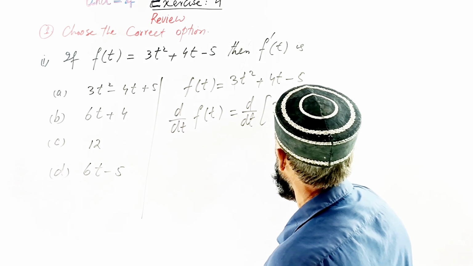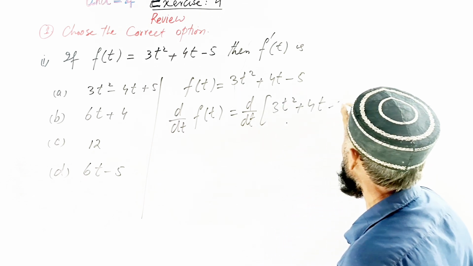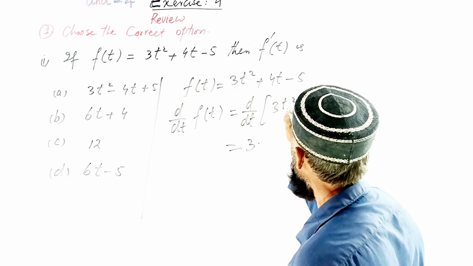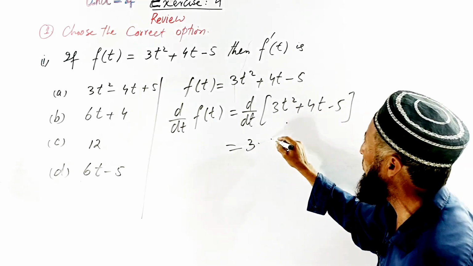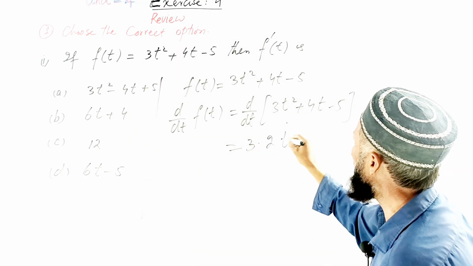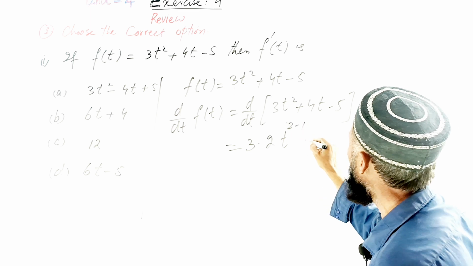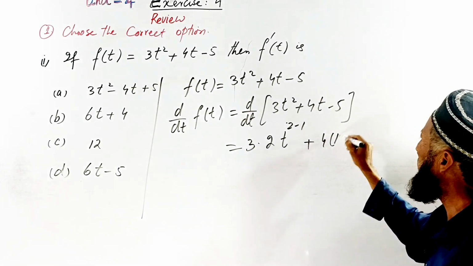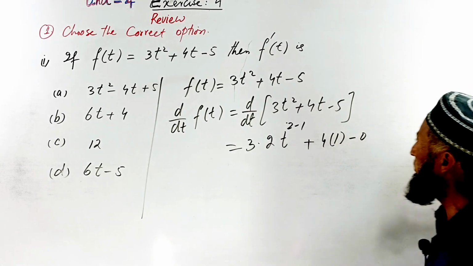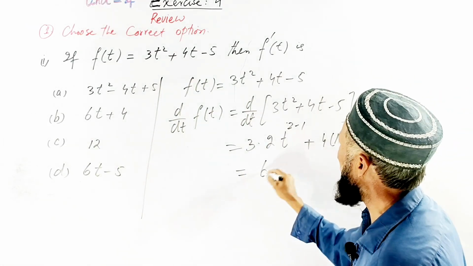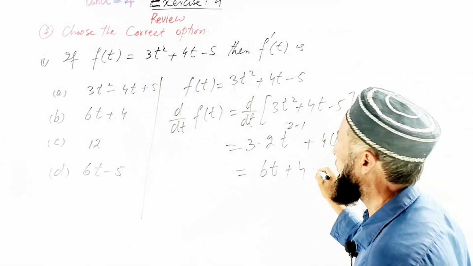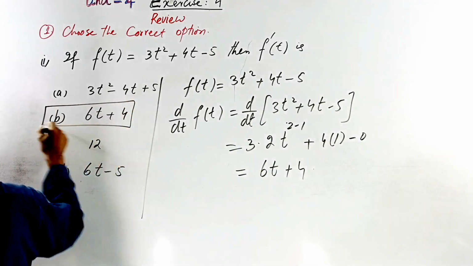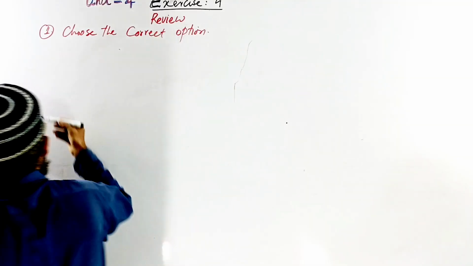Here 3 is constant, and we are using the power rule, the exponent rule, to t square: 2 minus 1. Further, the derivative of t is 1, so plus 4; t derivative is 1; minus constant, derivative is 0. Here we get 6t plus 4. Option B is the correct option.